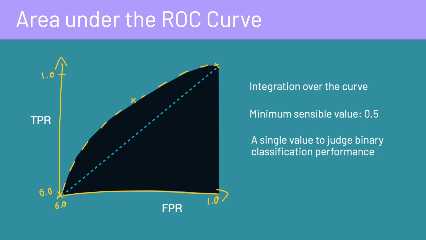This gives us a single value to judge classification performance of binary classifiers. So the area under the ROC curve is extremely useful to see which classifier performs better or worse. And it's also a metric that we used in the MyDoc challenge, link somewhere up there.